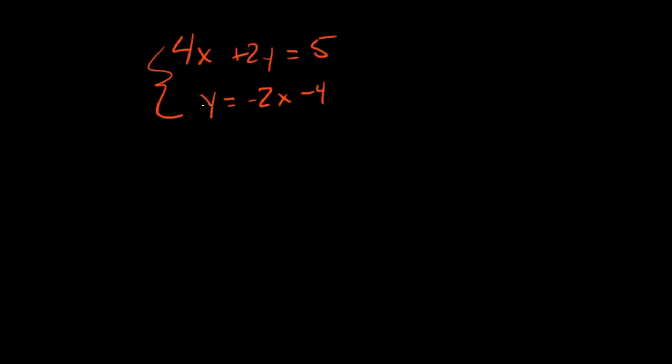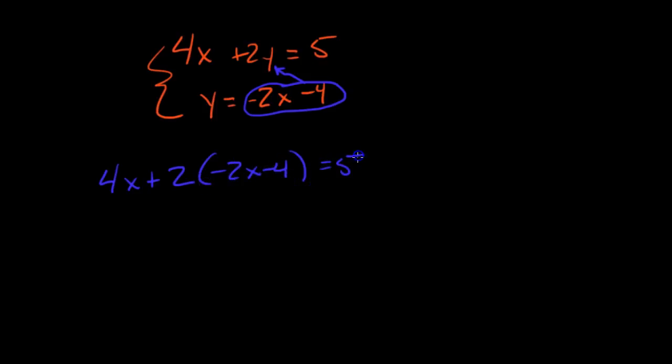So y is being described by this relationship with x, right? Negative 2x minus 4. So that tells me that wherever I see a y, I can take negative 2x minus 4 and substitute it in. So 4x plus 2 times negative 2x minus 4 is equal to 5. I took all of this stuff and put it in for y in the top equation.